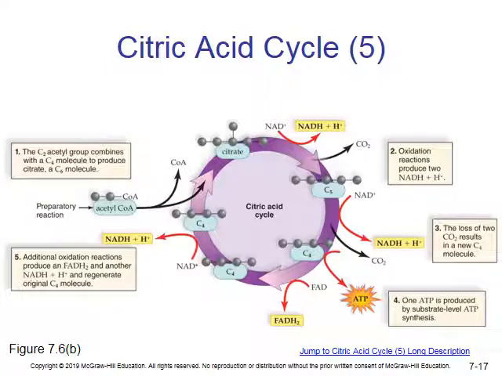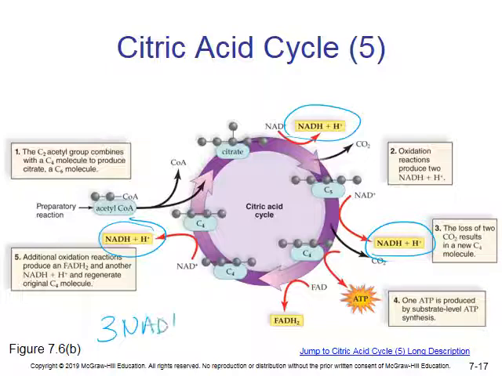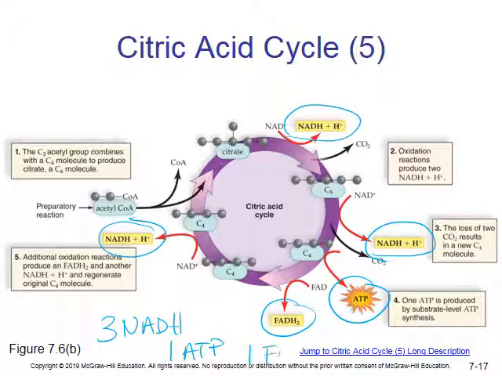So here, let's just look real quick. We know we're generating 1, 2, 3 NADHs. We're generating 1 ATP, and we're generating 1 FADH2. This was from 1 molecule from the preparatory reaction.